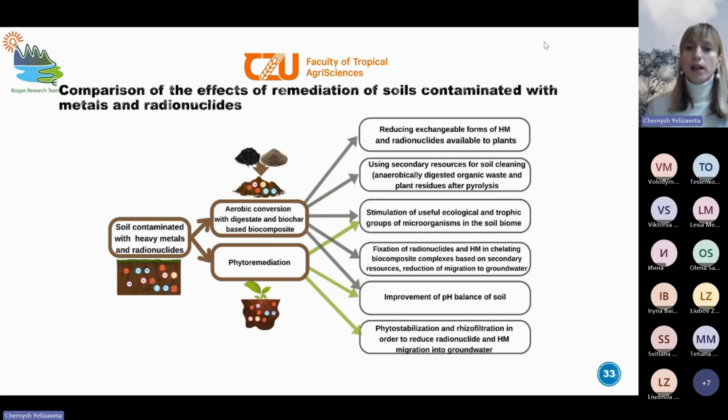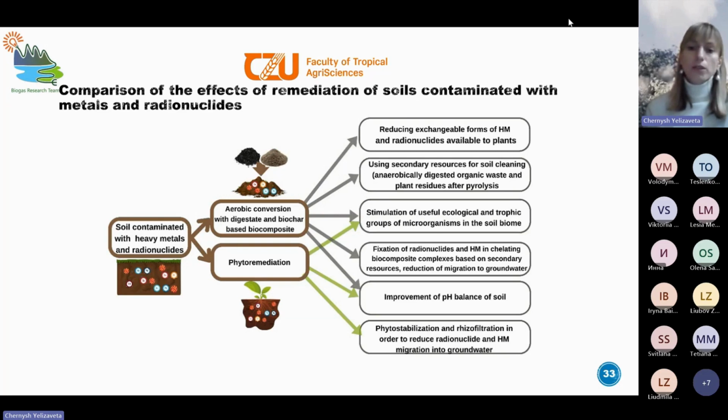Mostly, when we compare some facts about soil remediation, different ways and approaches should be mentioned. For example, aerobic conversion with digestate and biochar-based biocomposites can be used directly in situ in soil, reducing the exchangeable form of heavy metals and radionuclides available to plants. Secondary resources such as feedstock are used sustainably for soil purification. Anaerobic digestion of organic waste, for example, gives a digestate.